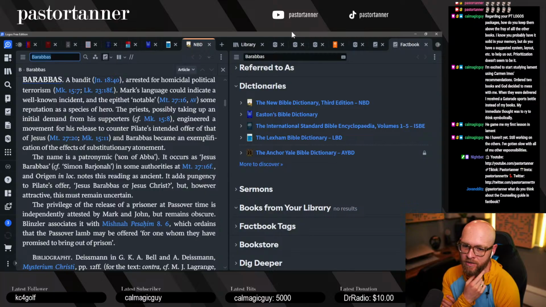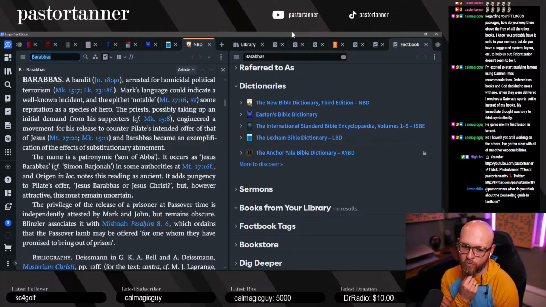The name is patronymic, son of Abba. It occurs as Jesus Barabbas in some authorities in Matthew 27:16. This reading is ancient. It adds pungency to Pilate's offer, Jesus Barabbas or Jesus Christ. But however attractive, this must remain uncertain. The privilege of the release of a prisoner at Passover time is independently attested by Mark and John, but remains obscure.